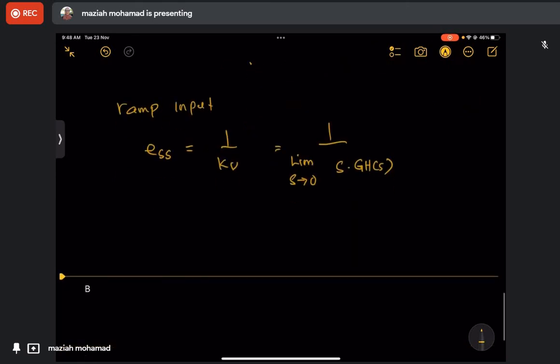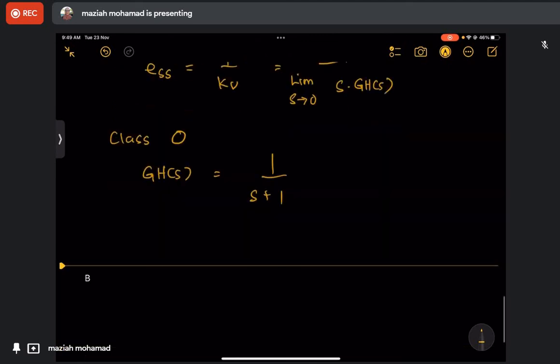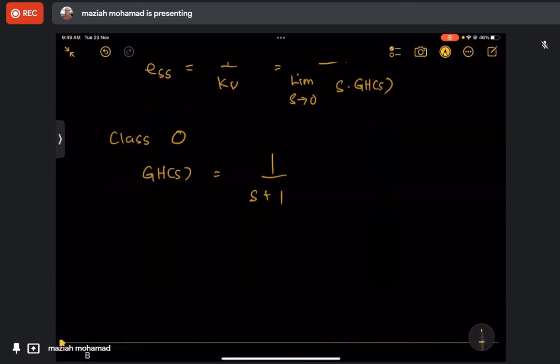Okay, so let's consider class 0. Let's consider GHS is 1 over s plus 1. So we're going to calculate for Kv. Kv is limit s goes to 0, s multiplied with 1 over s plus 1.